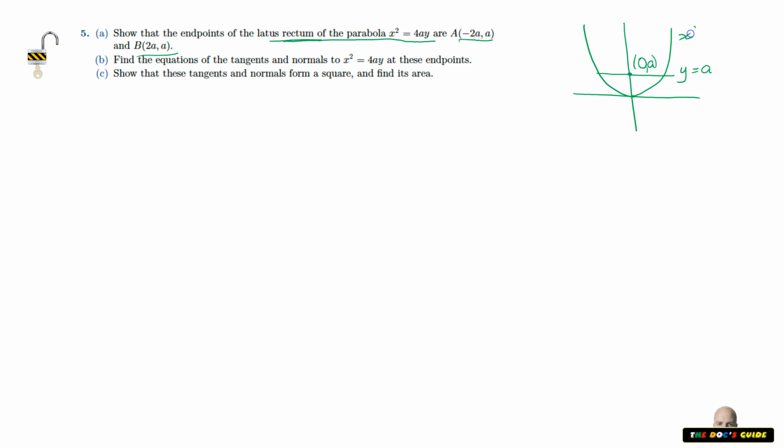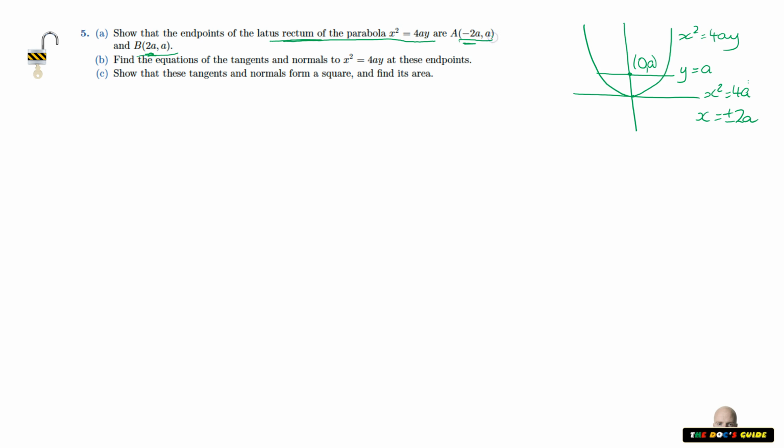So what we really want is the intersection of the parabola, x squared equals 4ay, and the line y equals a. So if we substitute that value of a into here, we've got x squared equals 4a squared. So clearly x is going to equal plus or minus 2a. And that's this and this.